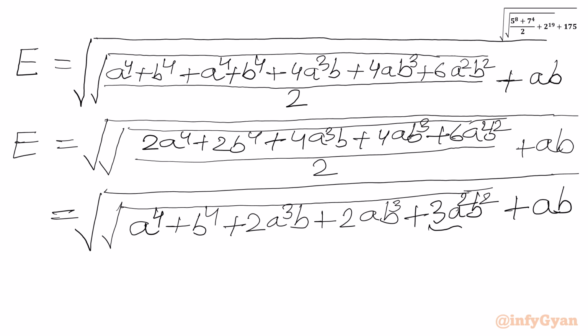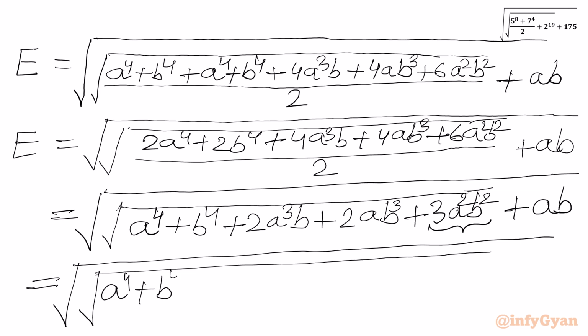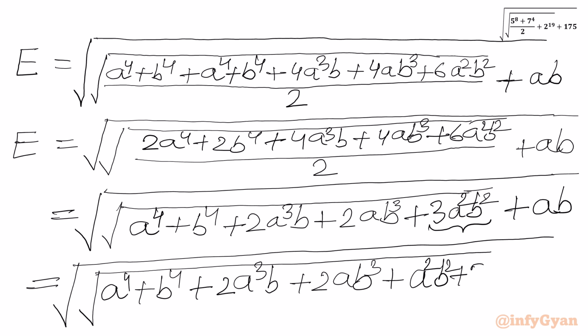Now I will target 3A square B square, and I will write here square root of A power 4 plus B power 4. We will write as it is. Then we have 2A cube B. Then we have 2AB cube. Then we can split 3A square B square as A square B square plus 2 times A square B square. Then we have plus AB.